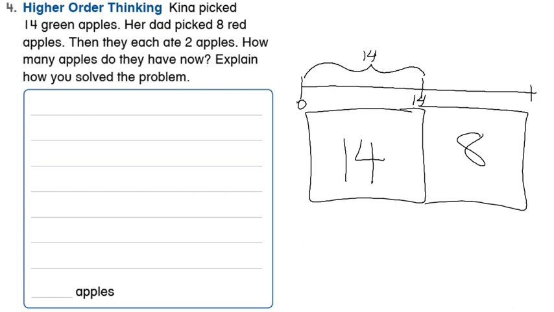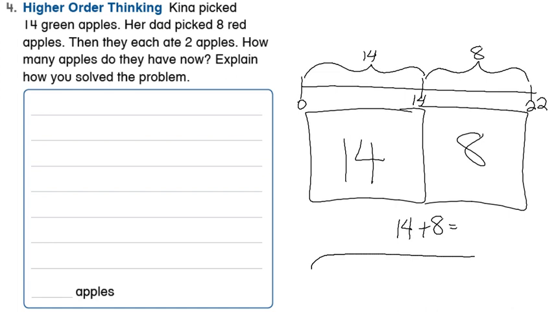Now this distance is going to be 8. So 14 plus 8 equals 22. So they have 22 apples. And this whole thing is 22.